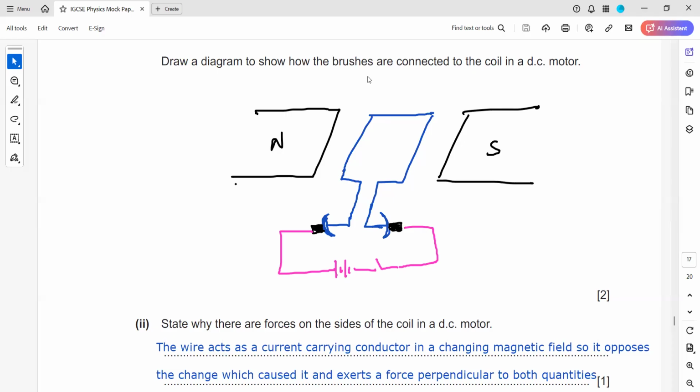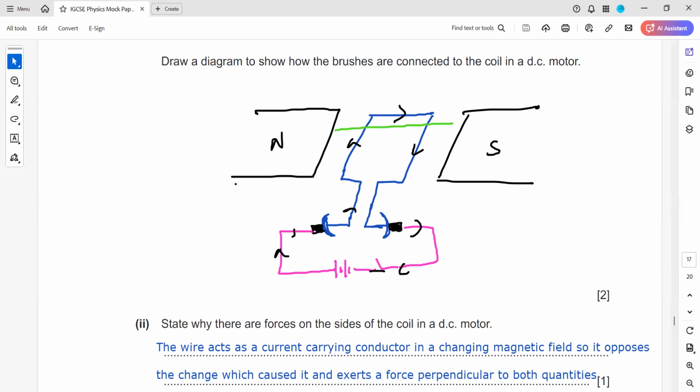So what will happen? The question is why there is a force acting on the sides of the coil in a DC motor. So when we close the switch, the current starts to flow. As there is a current, there will be a magnetic field, because whenever there is a current, current produces a magnetic field. So two magnetic fields are there.